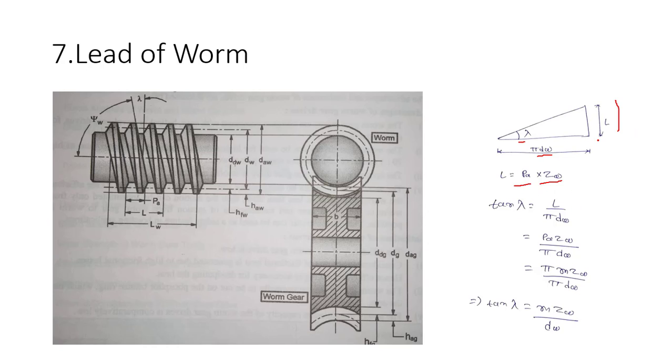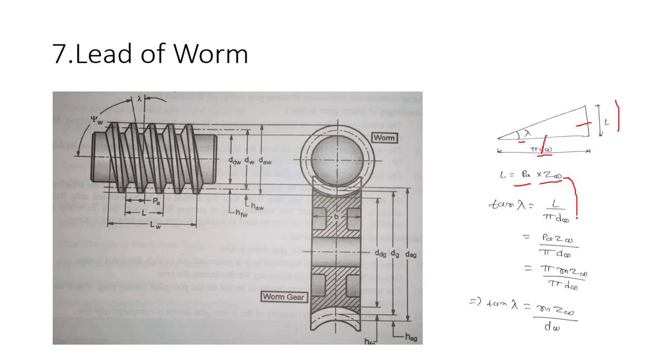Now from this triangle or figure we can say that tan lambda is equal to opposite side upon adjacent side, so L upon pi dw. L is the opposite side and pi dw is the adjacent side.